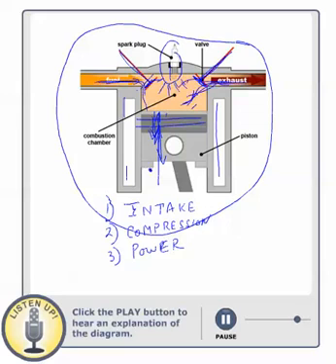And once the exhaust gases are out, this valve closes again, and this valve opens, and the entire cycle repeats. So the fourth stroke is the exhaust stroke.